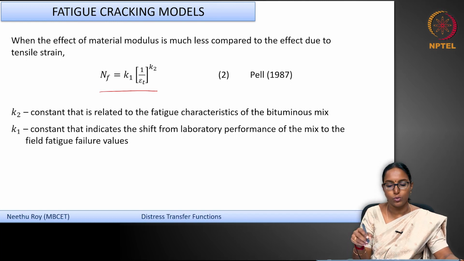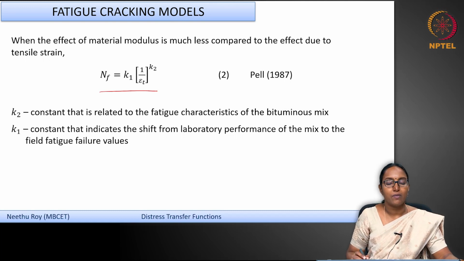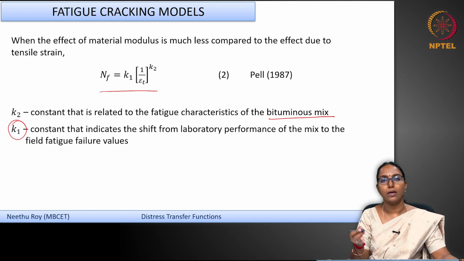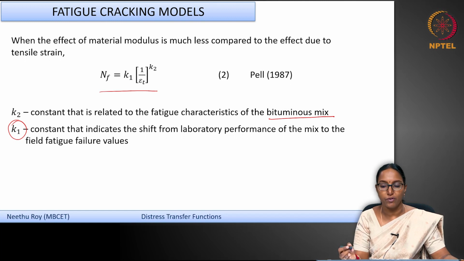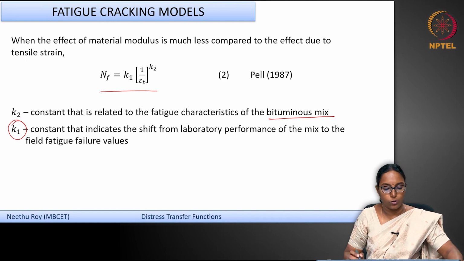That is, you have removed the minus and put epsilon T in the denominator. That's all, that's the difference. So here also K1 and K2 are the coefficients, where K2 is the constant that is related to the fatigue characteristics of the bituminous mix in the laboratory, and K1 is that parameter that will indicate the shift from the laboratory performance of the mix to the fatigue failure values in the field.